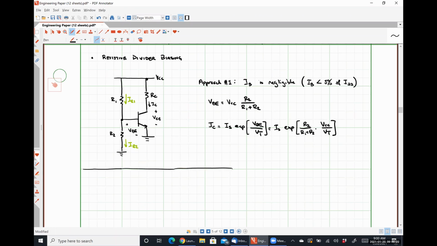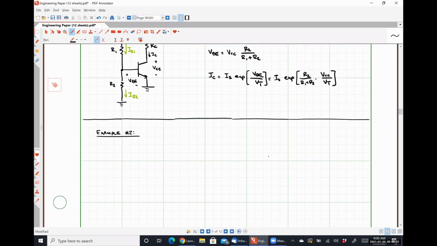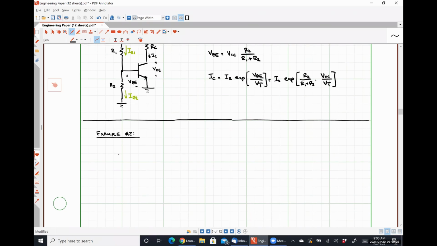So let's throw some numbers in here and see what happens. All right. So here's our circuit.